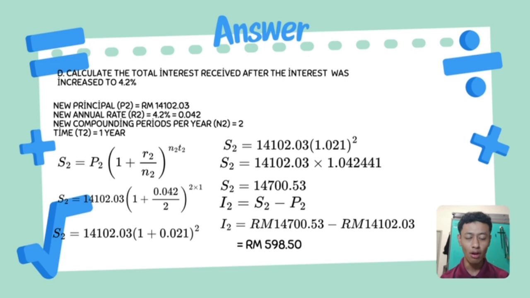After calculating, we get the new amount, which is RM14,700.53.